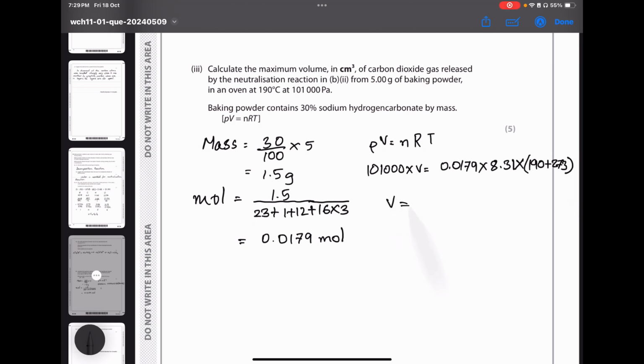Now, if I solve for volume, this is going to be 0.0179 times 8.31 times 463 over 101,000. Okay. The volume is 680 cm3.